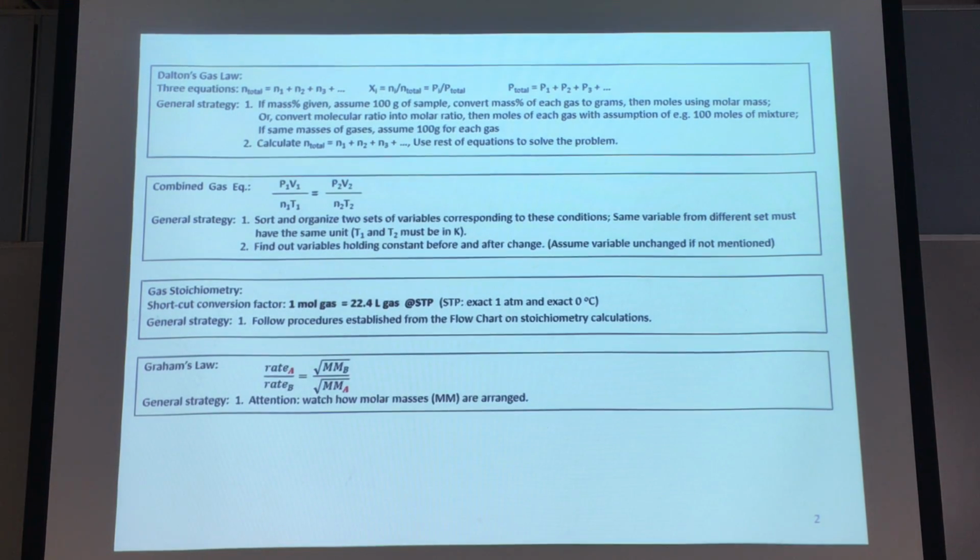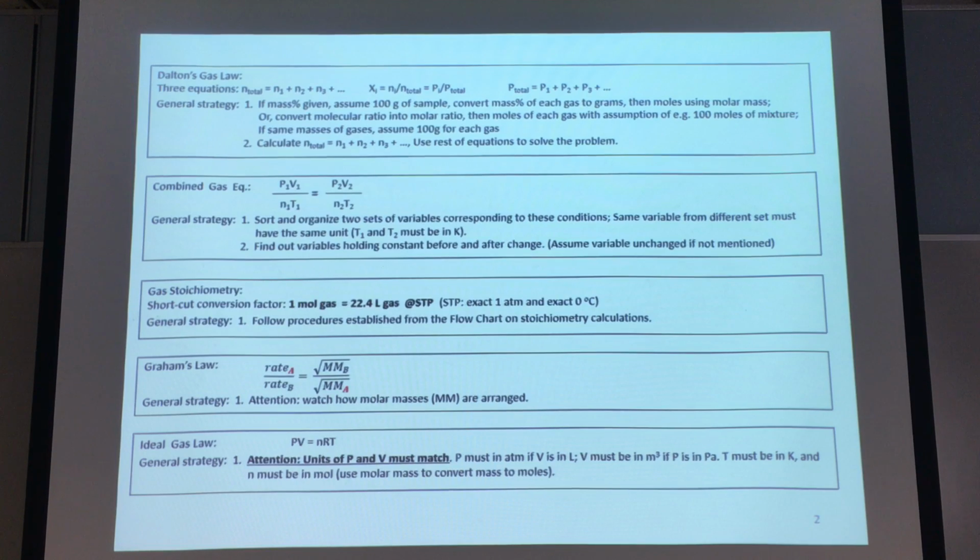As for Graham's law, I just want to remind you to pay attention to how those molar masses are arranged. If A is on the left, on the top, then A must be at the bottom on the right. And don't forget, it is a square root, not simply the ratio of molar masses.